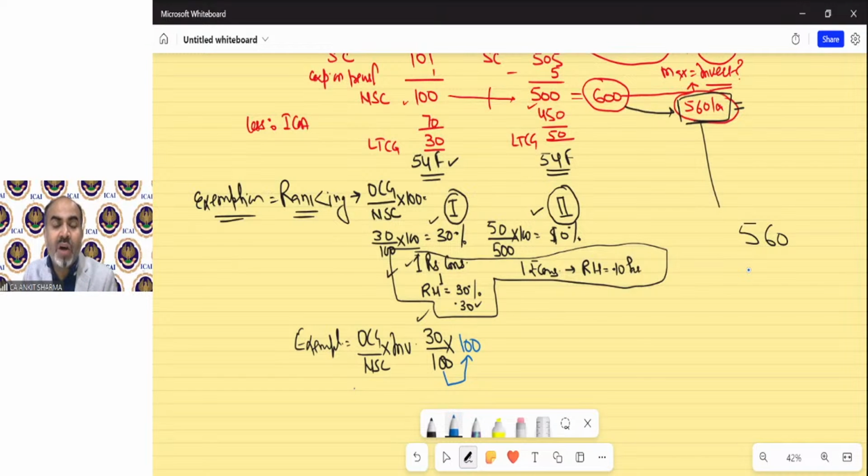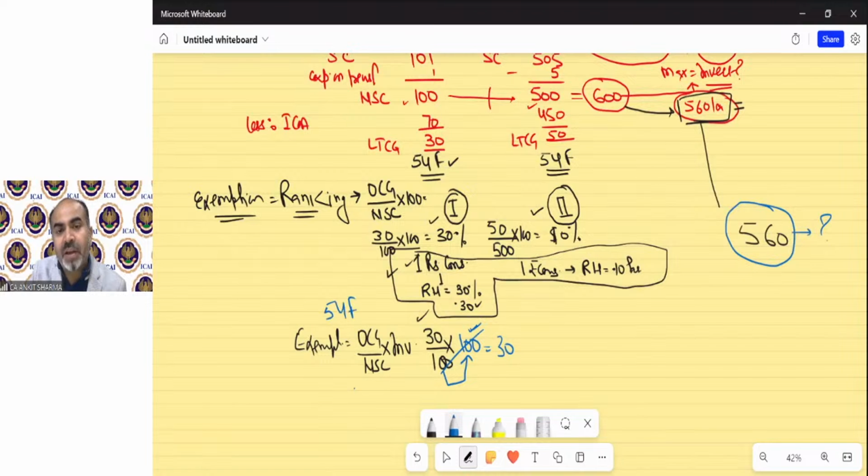So if we got 100 lakhs in consideration from the shares, what is the maximum investment out of this shares into this 560? Or we can say in simple words, what maximum amount of shares is included in 560? That can be maximum 100. So this cannot exceed your consideration value. So full value we invest, and you can see this is my exemption under section 54F in respect of shares.